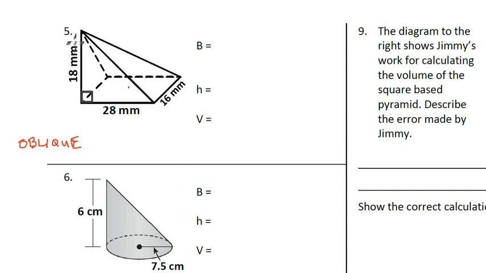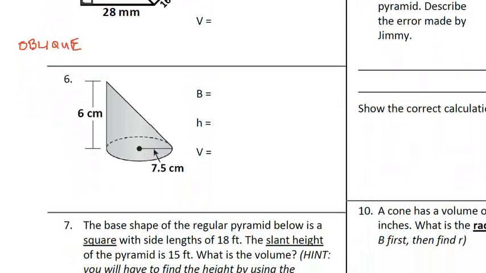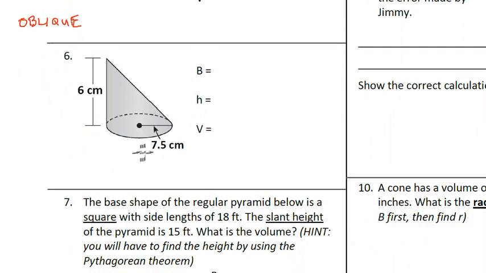If you know the height and you can figure out the area of the base, the volume of this oblique pyramid is still 1/3 times base area times height. And the same thing here. It makes no difference. Kind of cool how you can move that apex anywhere you want. It could be way over here or directly in the center of the circle. The volume calculation is not affected as long as you know the height.